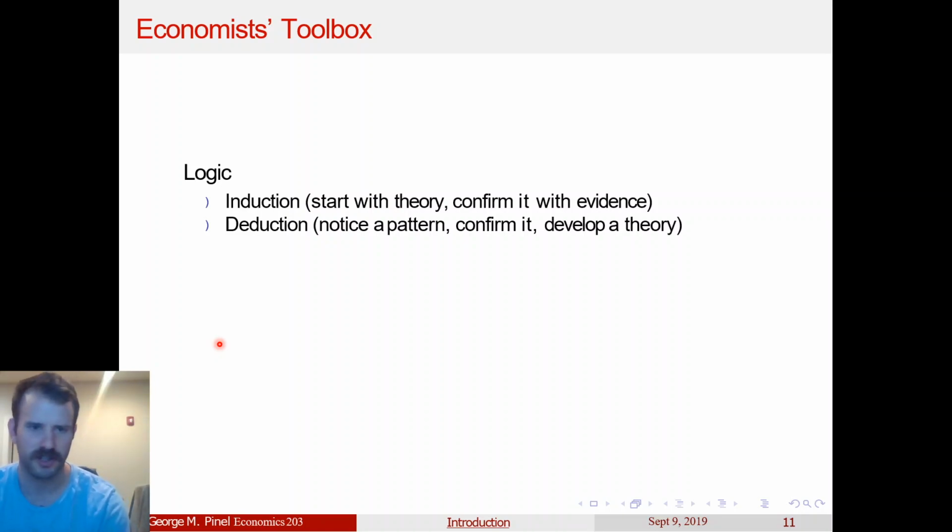It could be that, it could be whatever. Once you develop your theory, you have to test it with rigor, right? Otherwise, you're not really doing good economics. So as long as you're testing it with rigor, it doesn't matter if your evidence comes before your theory or your theory comes before evidence.